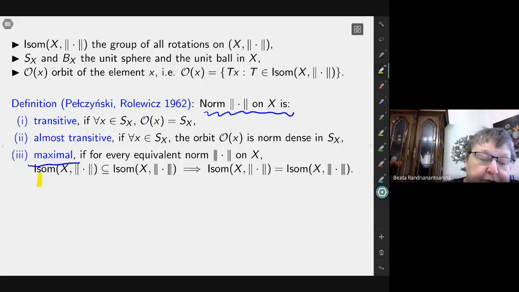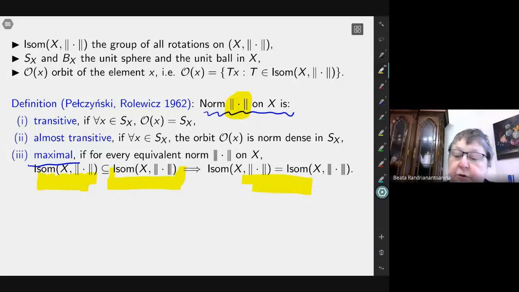The norm is called maximal, in the standard meaning of the word maximal, if its isometry group was contained in the isometry group of a different equivalent norm, then they would be equal, meaning you cannot strictly increase this group.